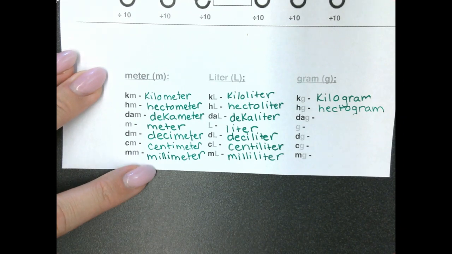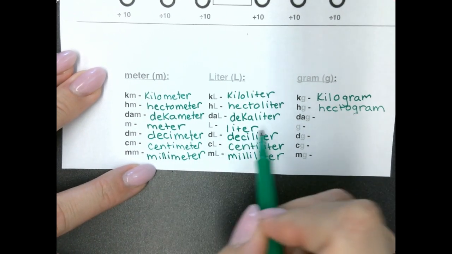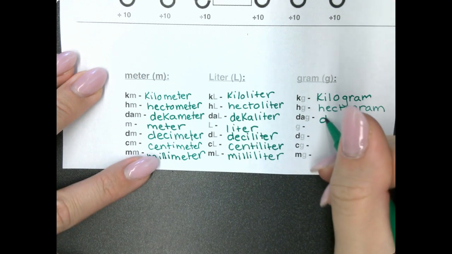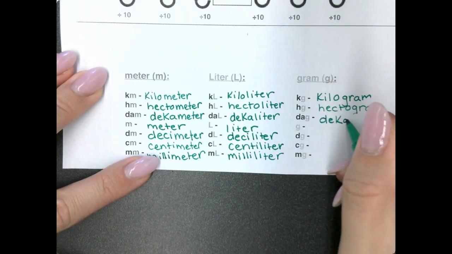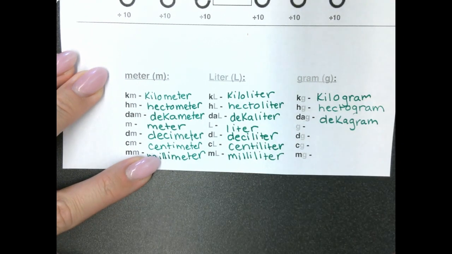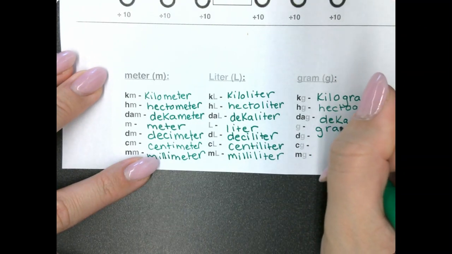Are you writing all these down? Decagram. So we have decameter, decaliter, then we have decagram. Our regular meter, liter, and then we have G for gram.